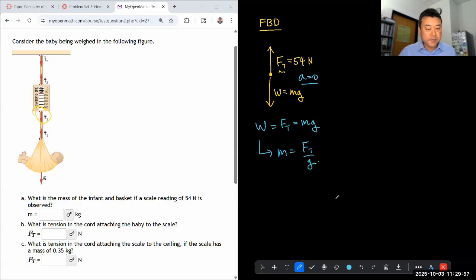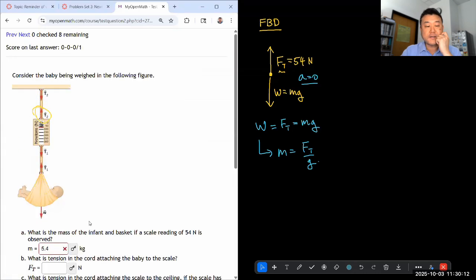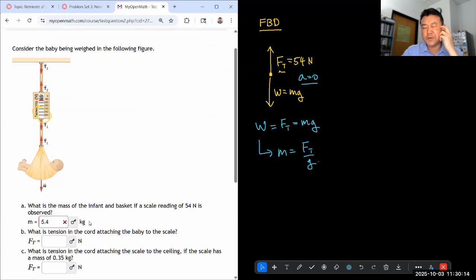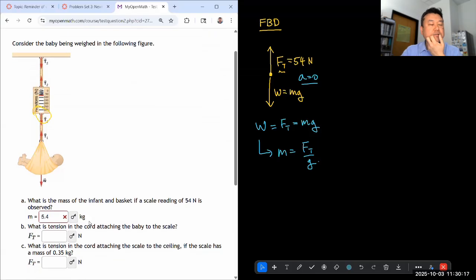Now, is this the kind of calculation I can do in my head? 54 divided by 9.8. I might be able to. If I use g approximately equal to 10, then it should be 5.4. Now, I have a feeling that's going to be graded as incorrect because it's off by like 2%, and it's 2% too small.